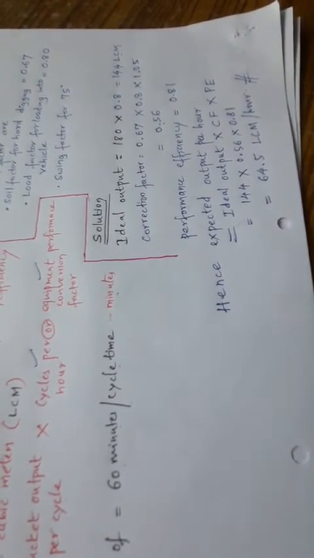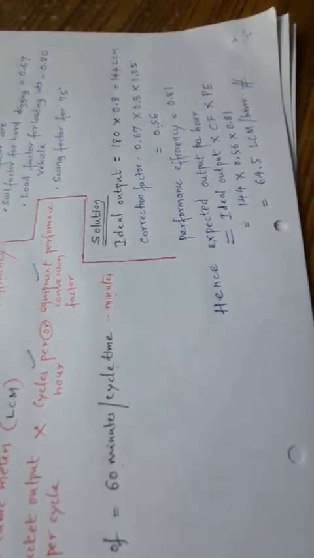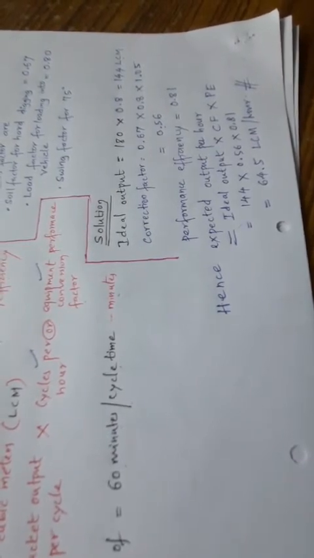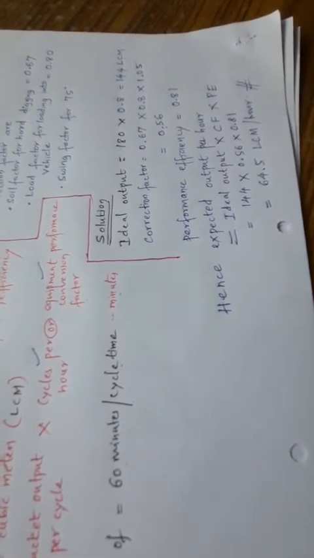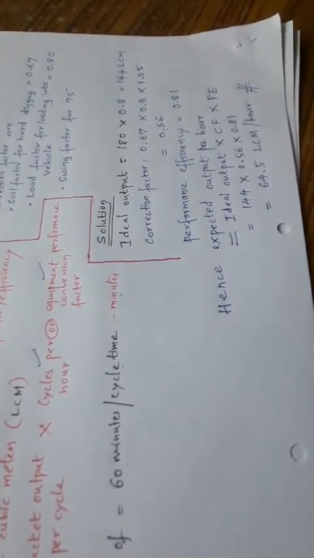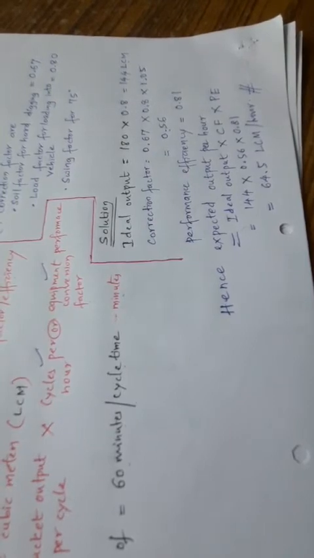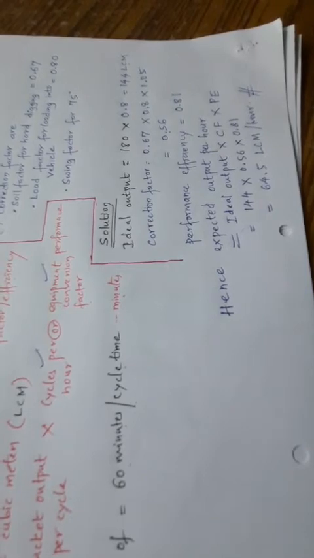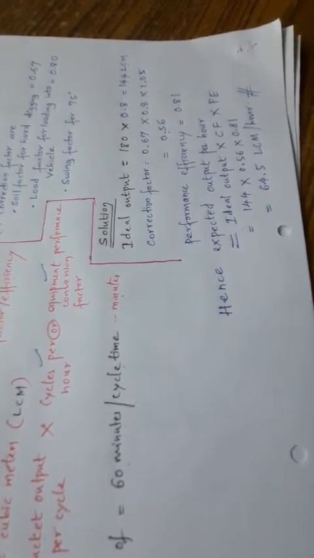A. Ideal output of loose soil in cubic meter for an equivalent face shovel of bucket capacity 0.96 meter cube is 150 LCM. Second, backhoe ideal output using equipment conversion factor 0.8 operating at optimum depth. You have to find it, that is 150 into 0.80. It becomes 120 LCM.